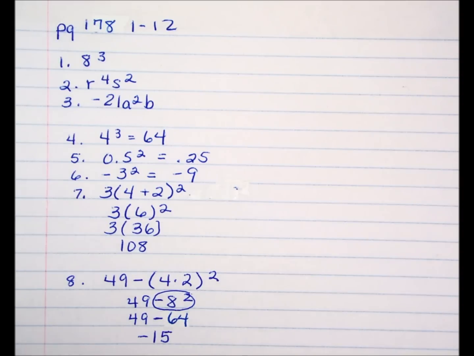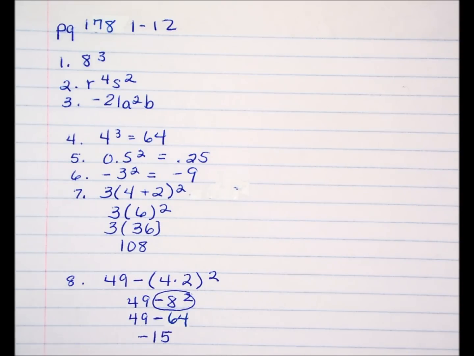Then you notice that it gave you some coefficients, so a 3 and a negative 7. So we multiplied those coefficients together, so we got negative 21, and then we got a squared and b. So again, that's gathering those like terms together and then doing the operation together.